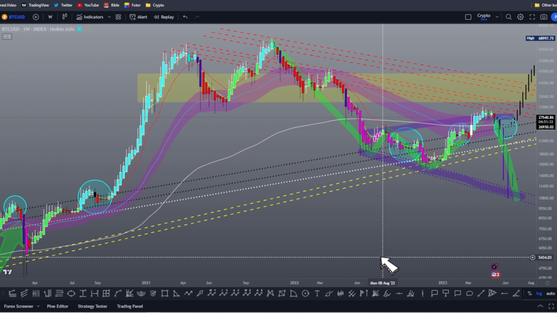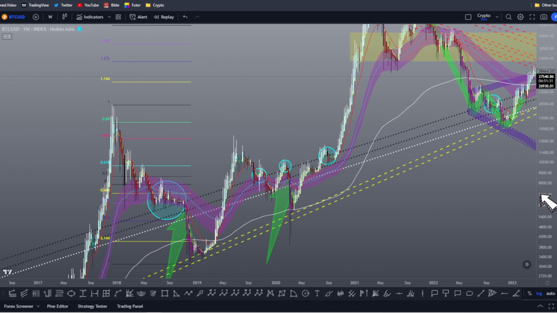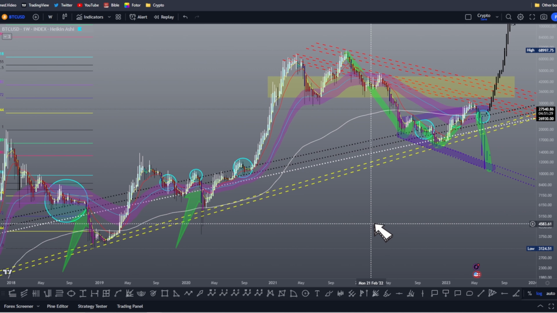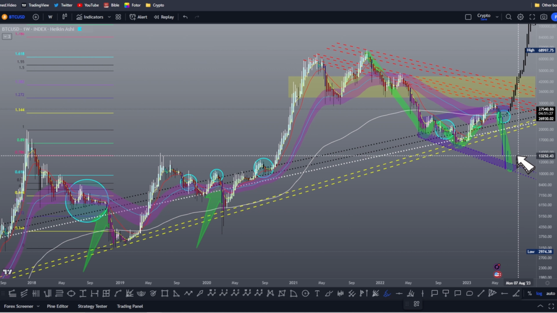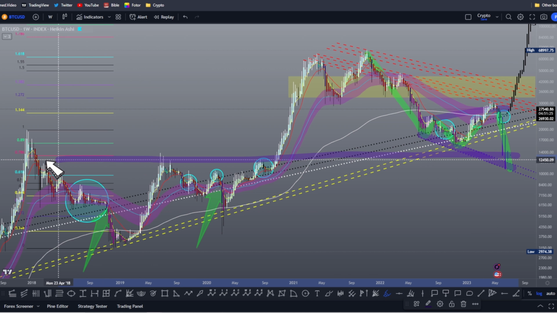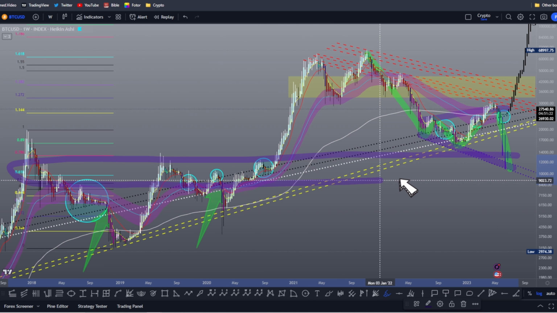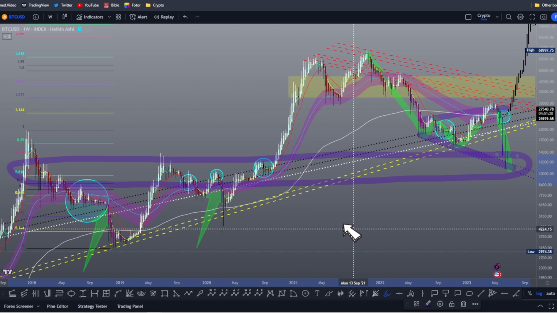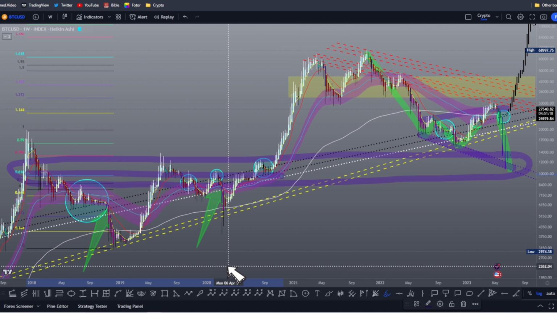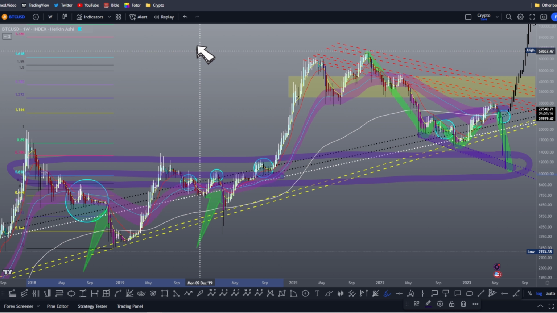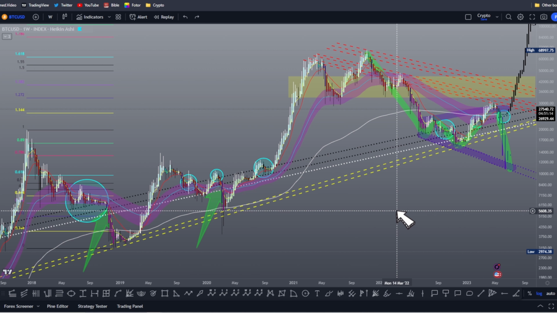If we do hit 10,000, that would likely just be wicks getting to that range. That roughly lines up with this median area right here, where we could find some sort of support going back to the previous phase.